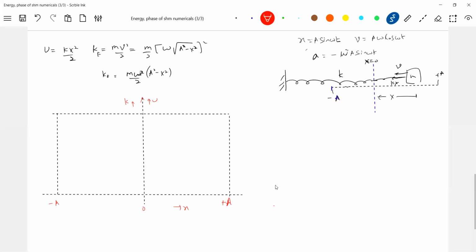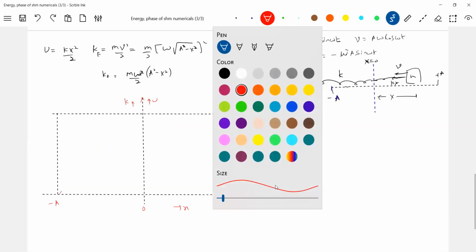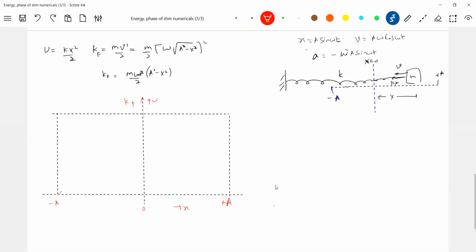First, the kinetic energy will be maximum here, because at mean position the speed of the block is maximum. It's a parabola.